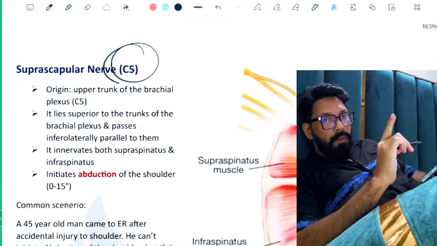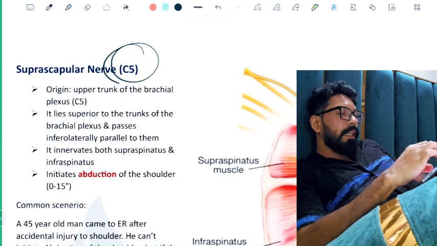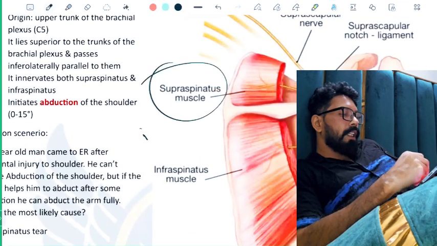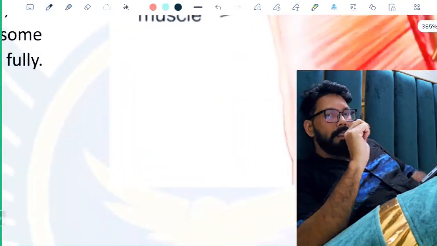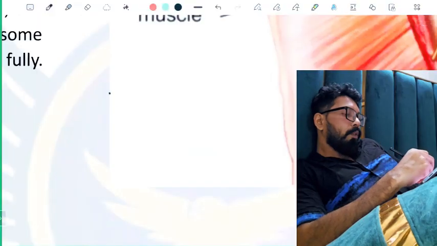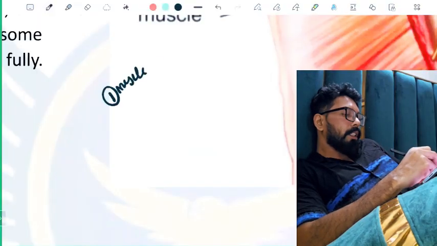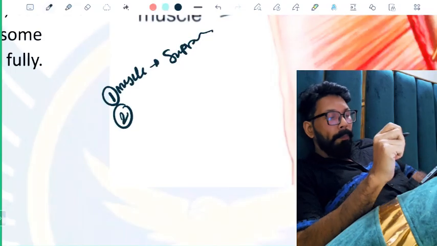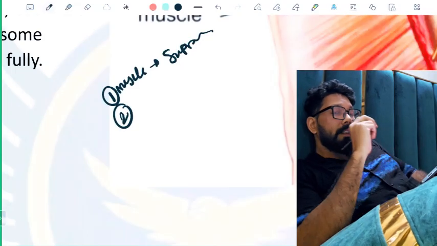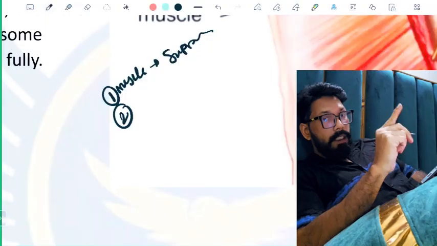Suprascapular nerve. Remember the root value, very important. Sometimes they will tell you that a person cannot initiate shoulder abduction. If a person cannot initiate shoulder abduction, what will come to your mind? One muscle is paralyzed. Which muscle? Supraspinatus. Number two, which nerve is injured?